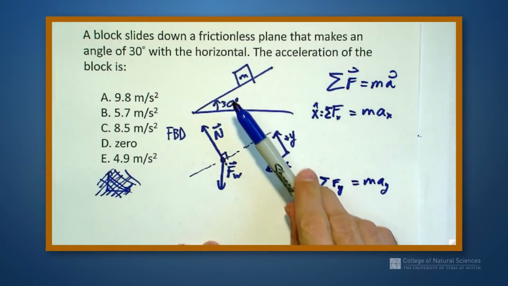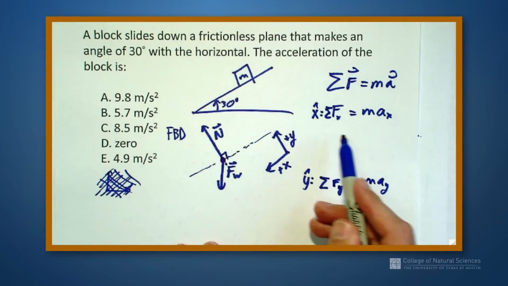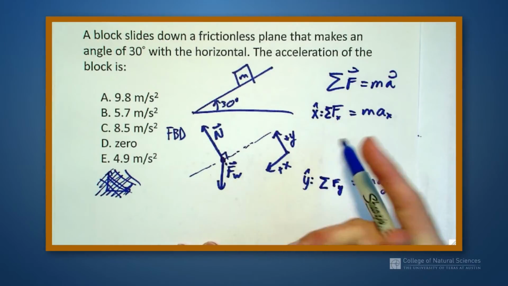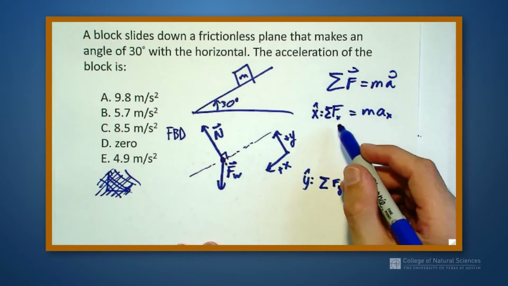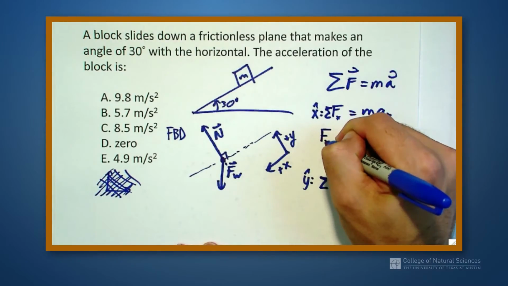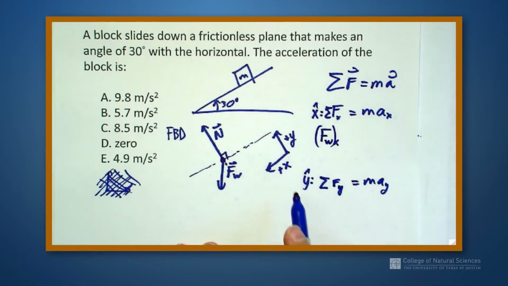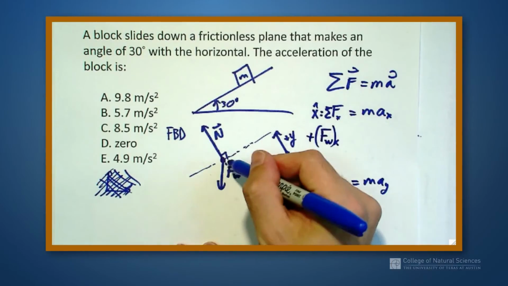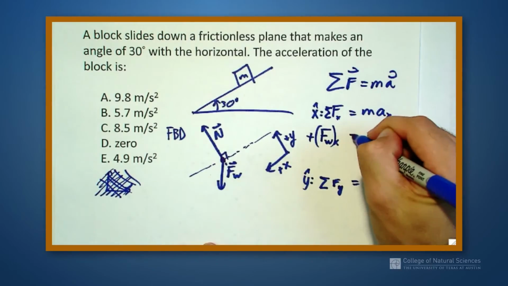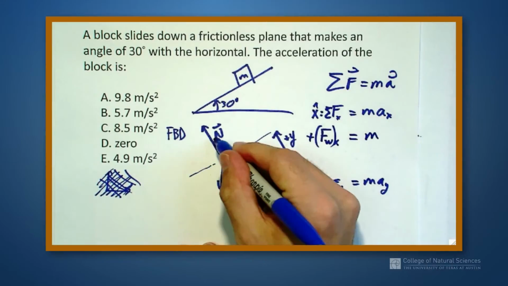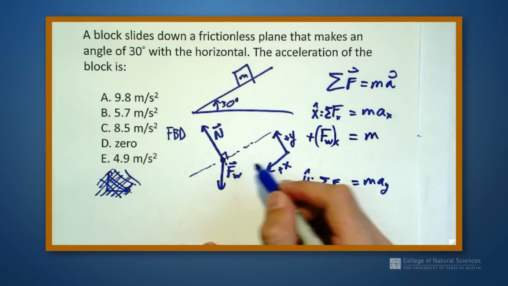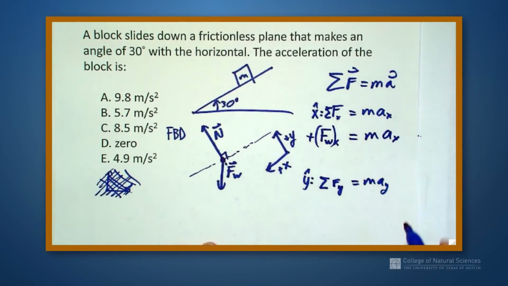The normal force is only in the y direction, so there is no x component of this in my rotated coordinate system. However, when I get to the weight force, I see that there is an x component of the weight force. And it's a positive value because it points down the ramp, and down the ramp is positive as I've drawn it. Those are my only forces, my normal force and my weight force. It's going to give me an acceleration in the x direction.